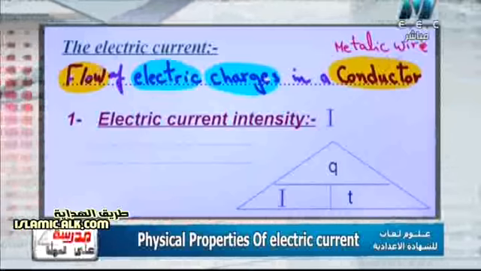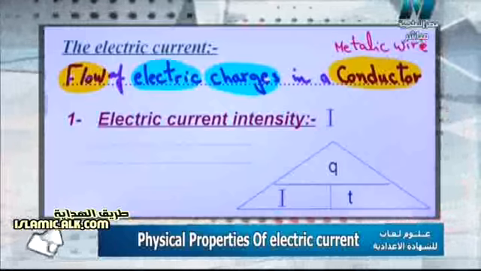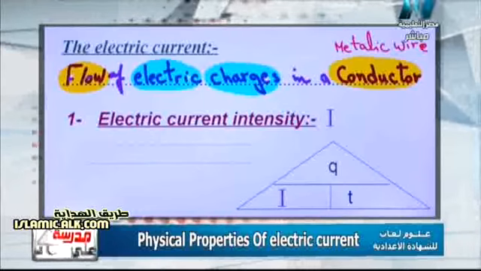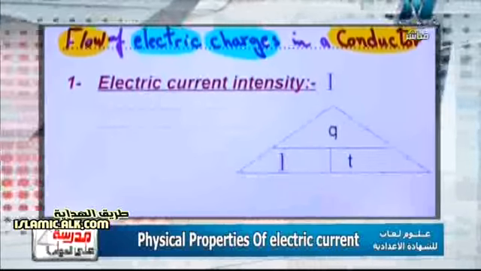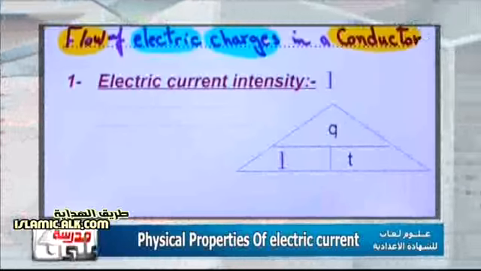But we have to know what is meant by electric current intensity. The word intensity means strength.